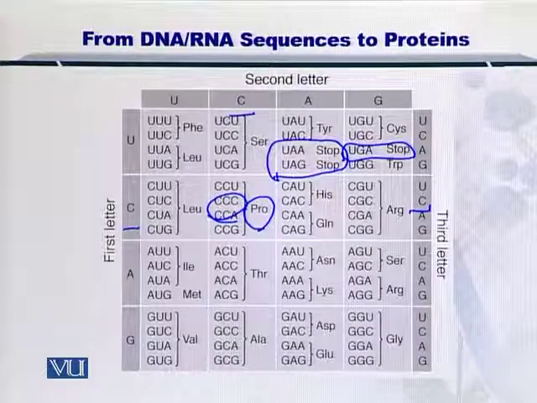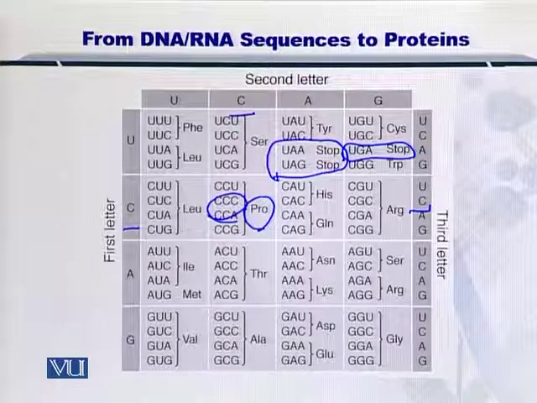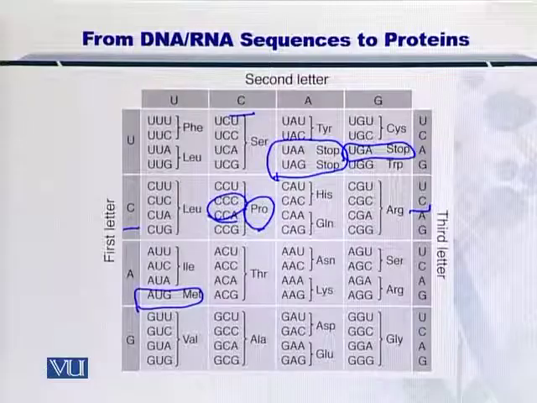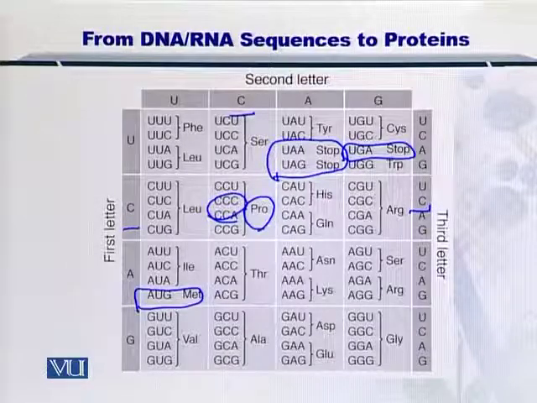But how do you start? You can look at the start codon that is given here, AUG. Most of the time, proteins start with methionine. So this is how you search for the start of a new protein from the DNA or the RNA sequence, and you encode for the proteins.